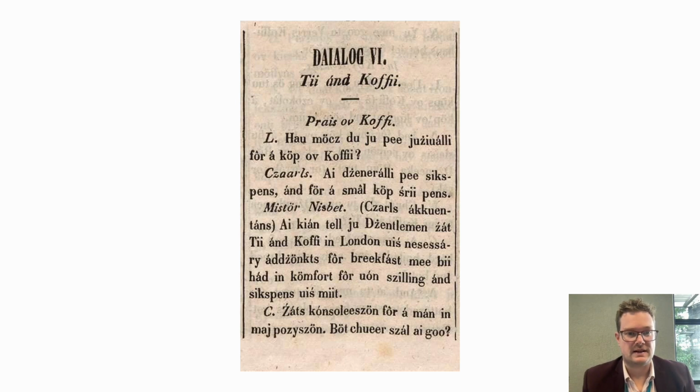Up the top it says Dialogue 6, tea and coffee, price of coffee. How much do you pay usually for a cup of coffee? Charles, I generally pay 6 pence, and for a small cup, 3 pence. For starters, we've got the problem that Polish doesn't have th, so they had to spell that with the S with the little accent on it.